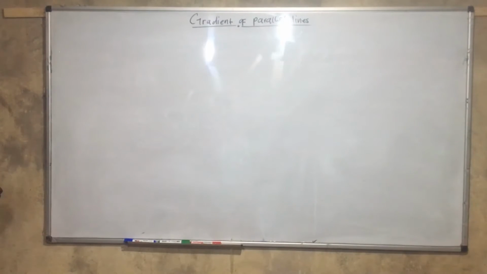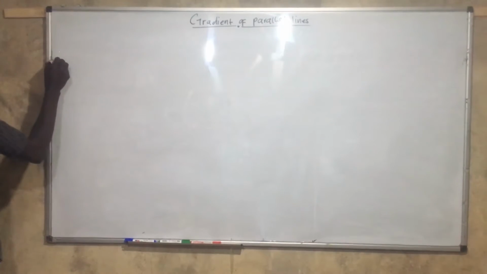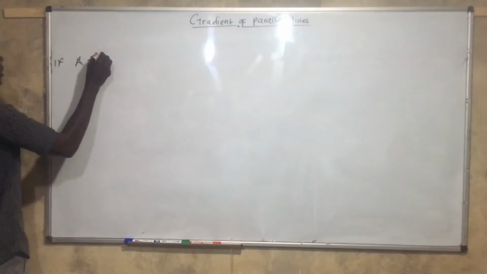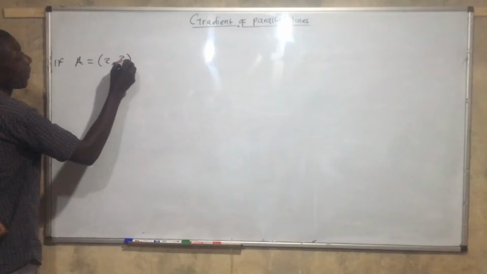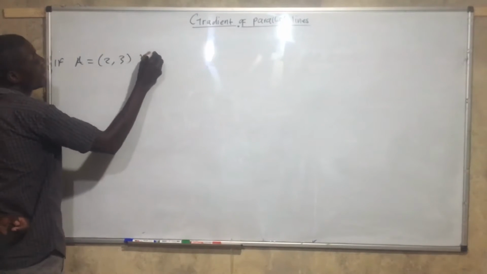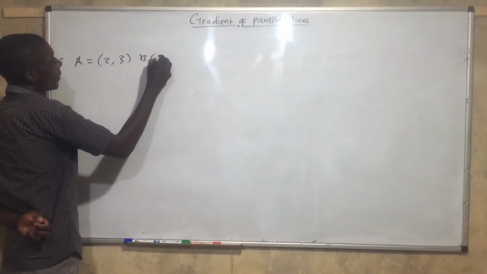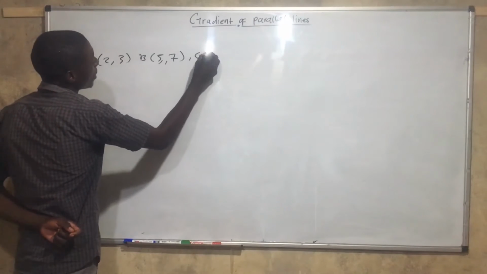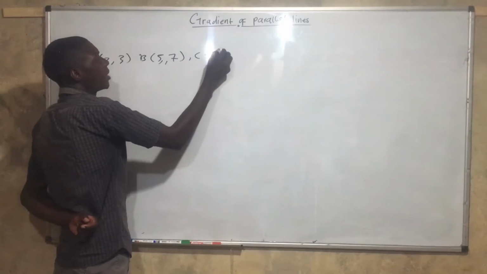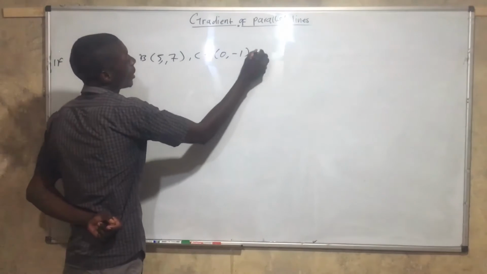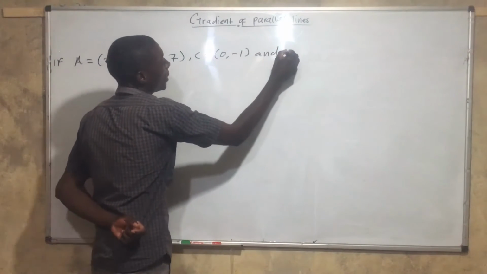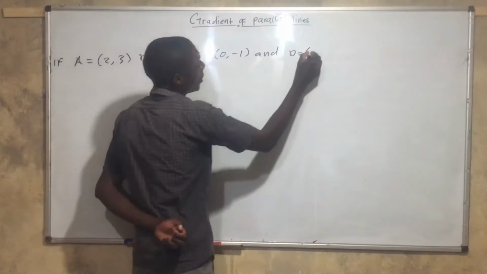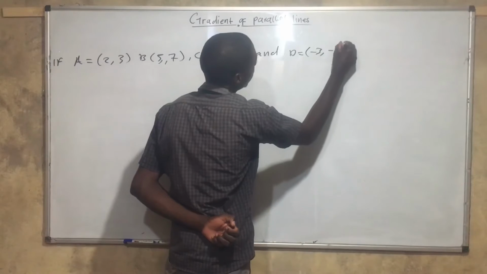For example, if A is equal to (2, 3), B is equal to (5, 7), C is equal to (0, -1) and D is equal to (-3, -5).